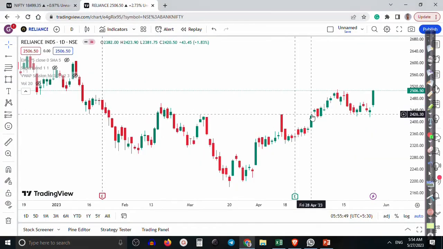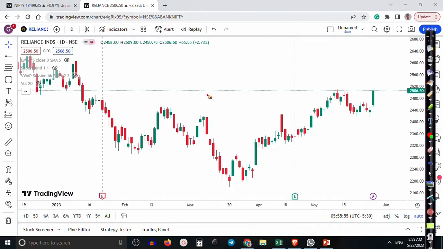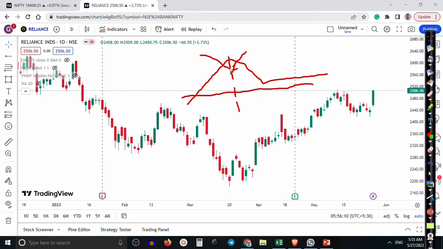So where I exactly placed the order and where it expired near that area, the strategy looked like that. When I place an order somewhere there and the price closes exactly in this area, I almost collected 80% of the premium in Reliance.